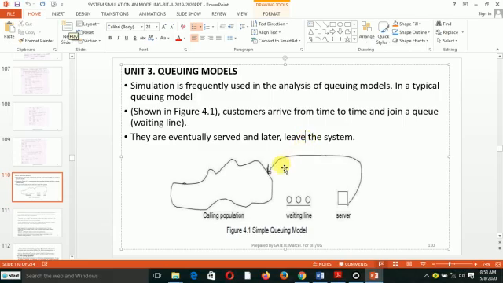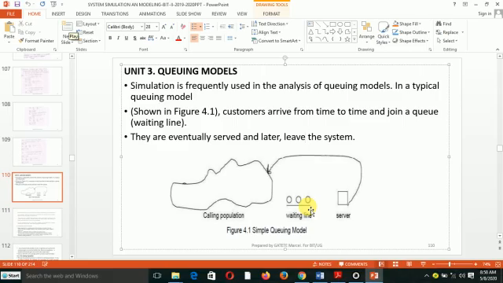Here we are going to have the calling population. The calling population means all the customers, for example, the bank customers. The calling population is coming, and you don't know at which time they are coming. When they come, they enter into the queue, which is called the waiting line. After entering the queue, they will go one by one according to the servers available.